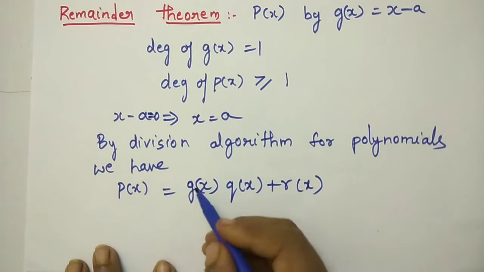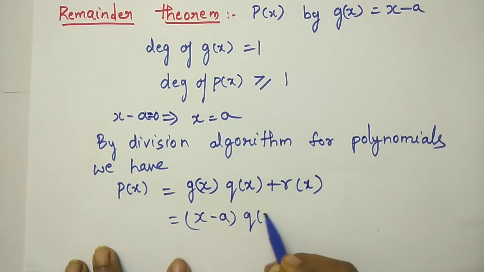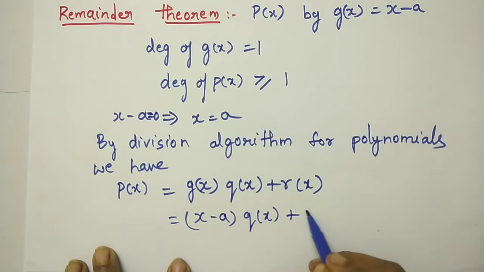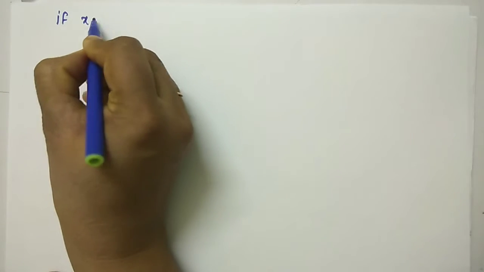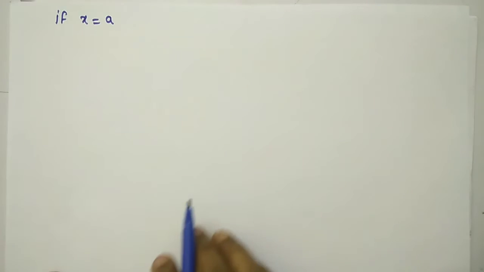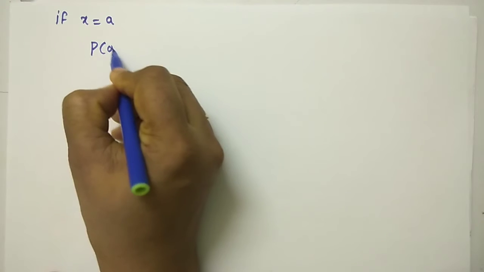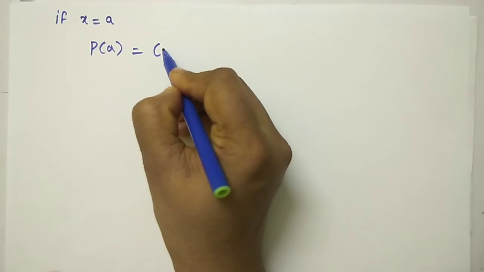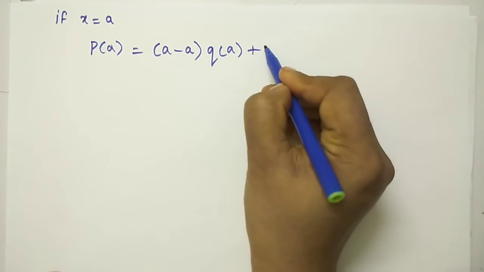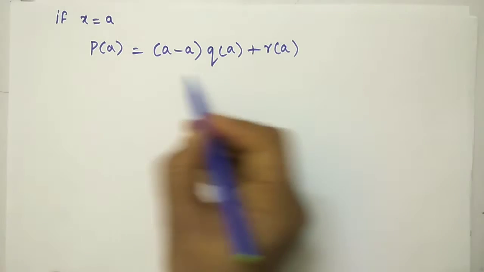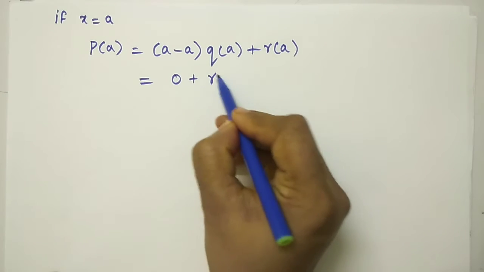So p of x is equal to x minus a into q of x plus r of x. If x is equal to a, that is, we replace x with a, then p of a is equal to a minus a into q of a plus r of a. This becomes 0, since a minus a is nothing but 0, plus r of a.